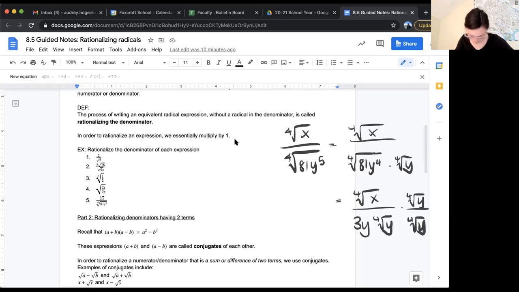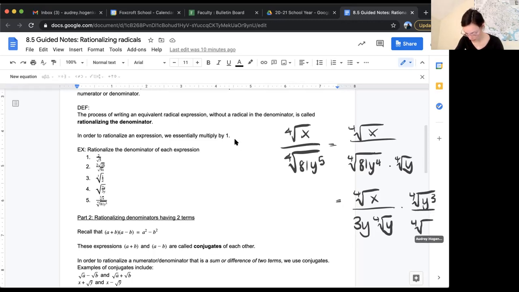Oh, I want to multiply by something that will get me a perfect 4th root, right? Because I want to actually eliminate that 4th root in my denominator. And so in order to get y to the 1 to a perfect 4th root, I'm going to need to multiply by the 4th root of y cubed.